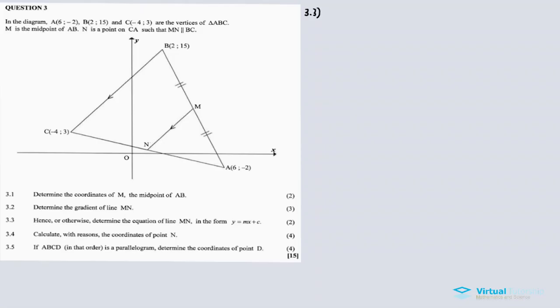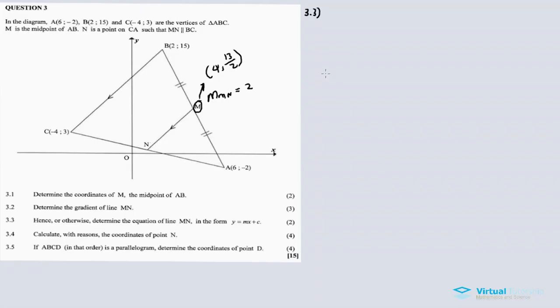Alright, now 3.3: hence or otherwise determine the equation of line MN in the form y equal to mx plus c. So basically we find the equation of a straight line MN, right? I have the gradient of MN, which is equal to 2, and I also have the coordinates of M, which is 4 and 13 over 2.